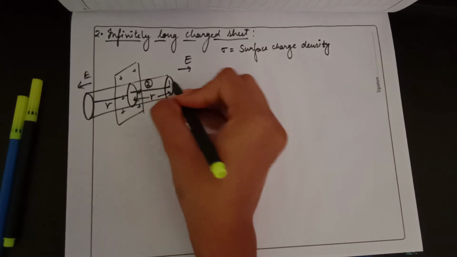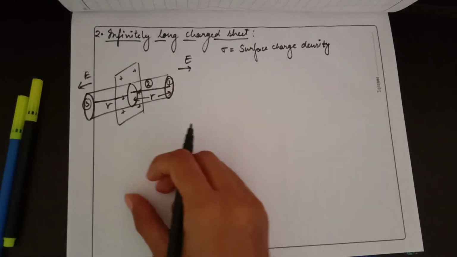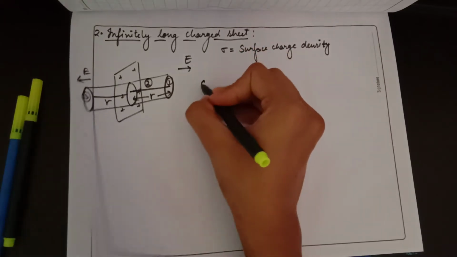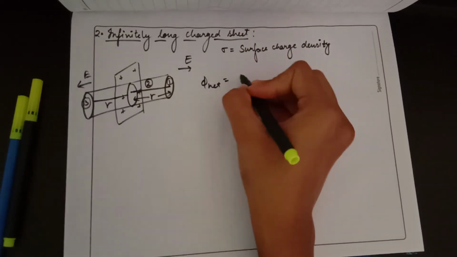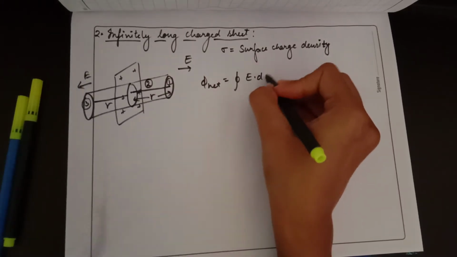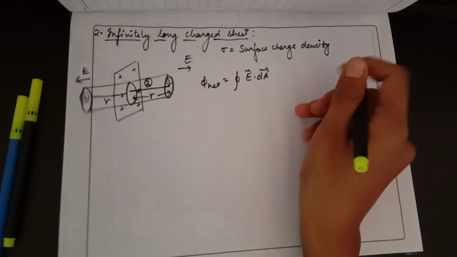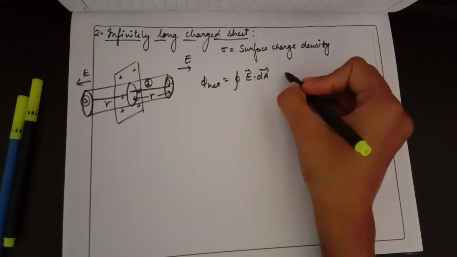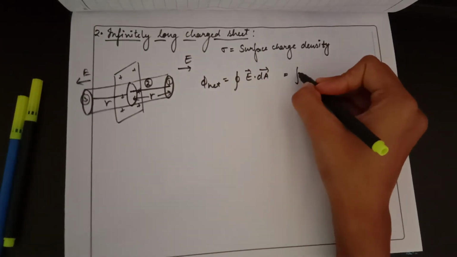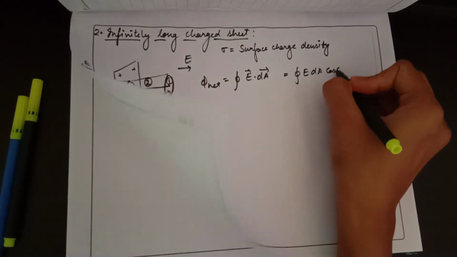I'll give them names 1, 2 and 3. So phi net will be equal to the closed integration of E dot dA, and E dot dA is again E dA cos theta, so it is equal to integration E dA cos theta.